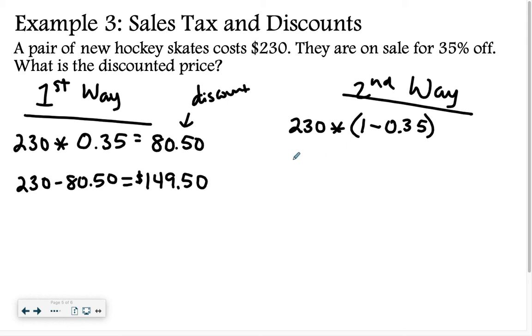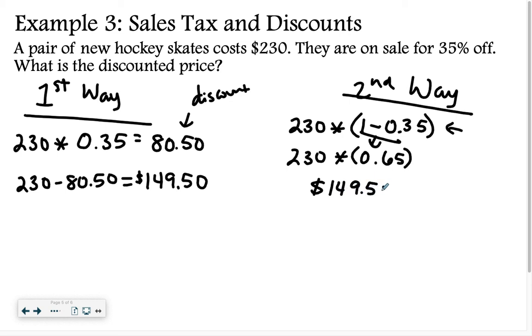You literally can plug this whole thing into your calculator and it will solve it for you. Some of you might prefer to actually figure out what this part becomes. That's up to you. So 230 times 0.65 gives me a total cost of $149.50. So you can see our 2 ways end up with the same answer.